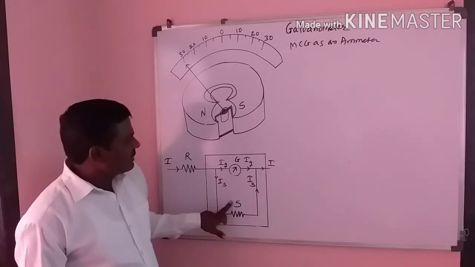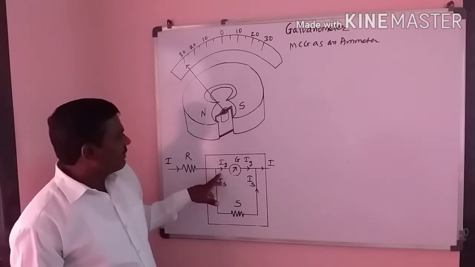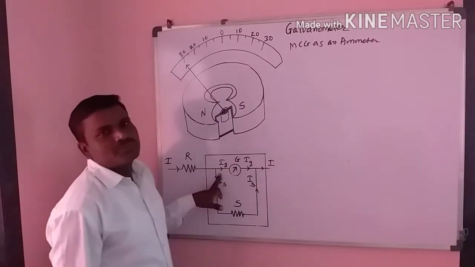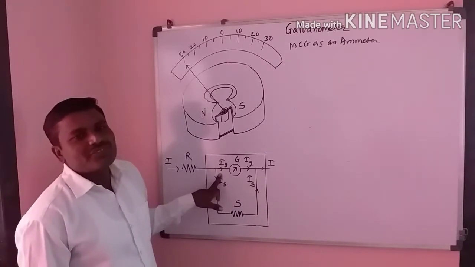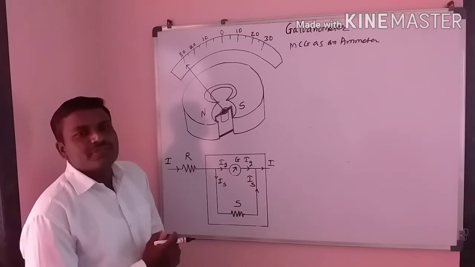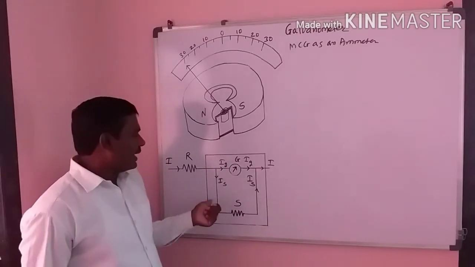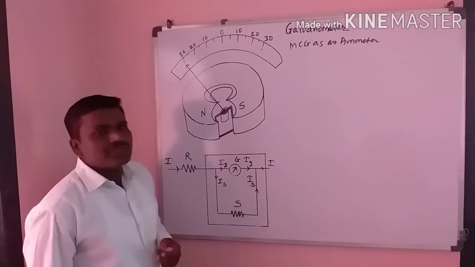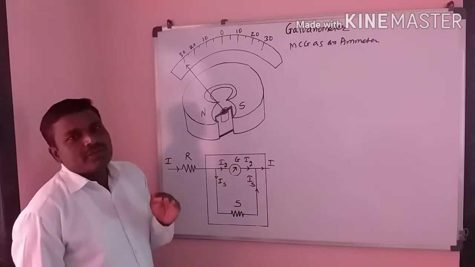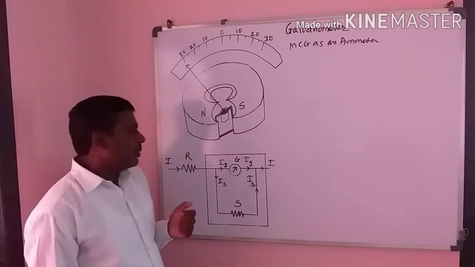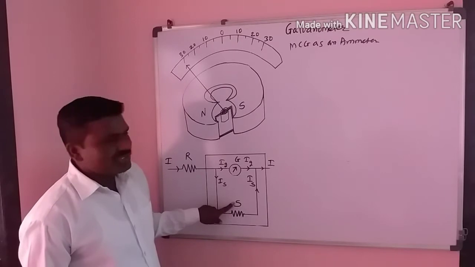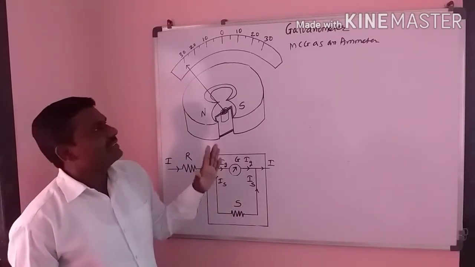The first use: it diverts the excess current which would pass through the moving coil galvanometer. The second use: it decreases the resistance of the coil. And the third use: it increases the range of the ammeter. These are the uses of the shunt resistance and the modifications we can see.